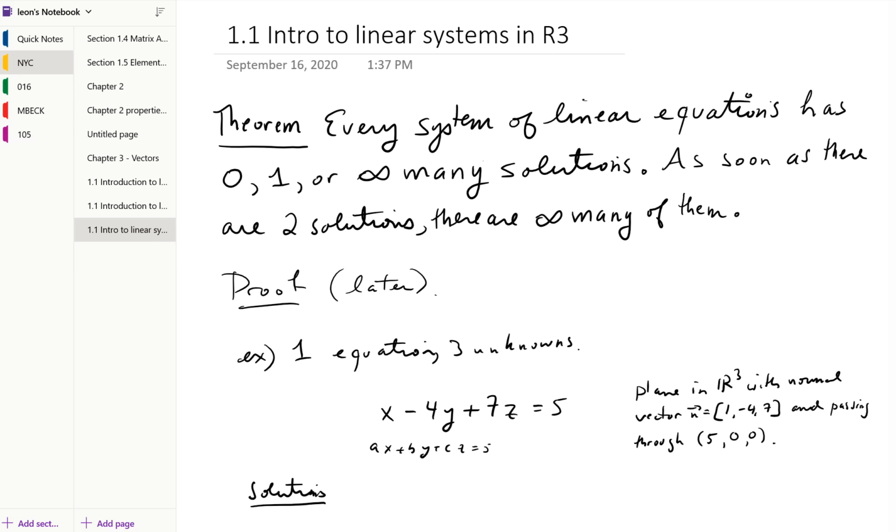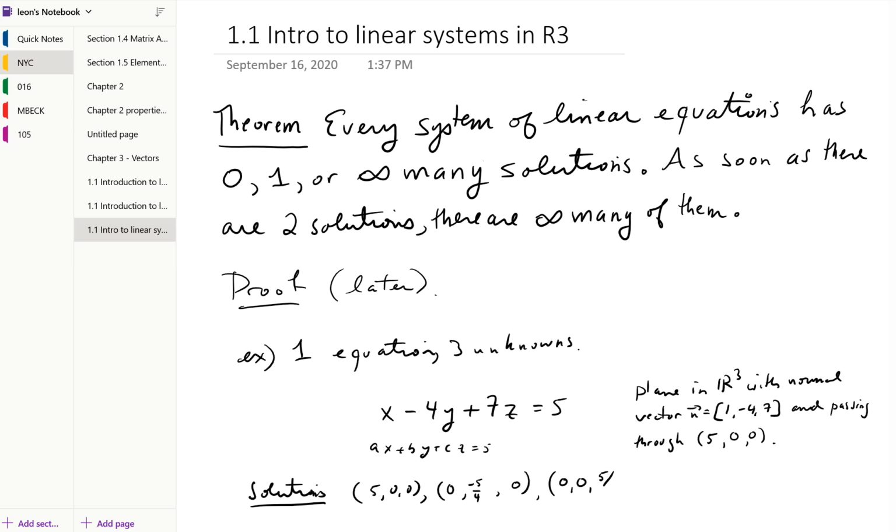So examples of solutions you have, well, here's one, the point that belongs to the plane we just calculated. But there are other ones. I could assign a value of 0 to x and z and solve for y. I would have minus 5 over 4 for y. I could assign values of 0 to x and y and solve for z.